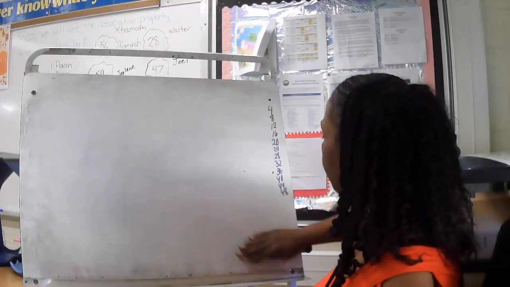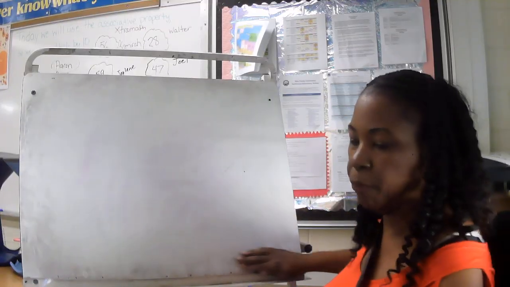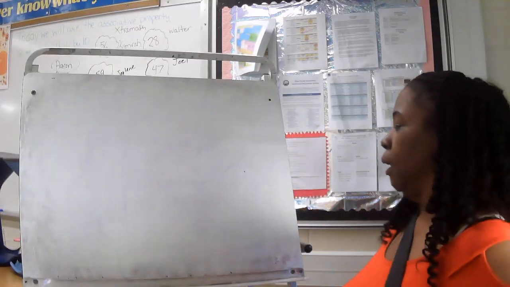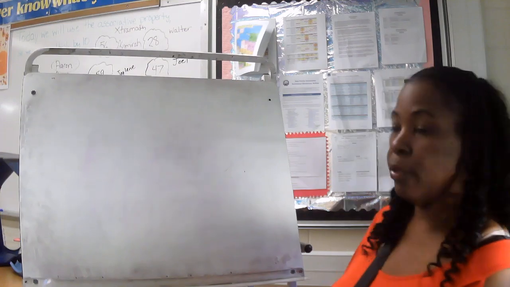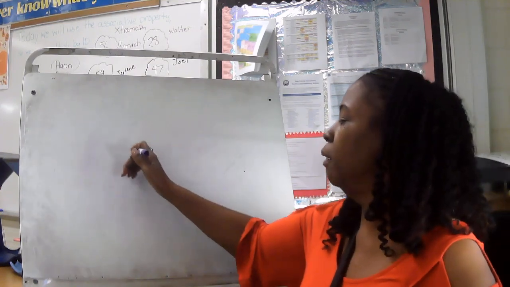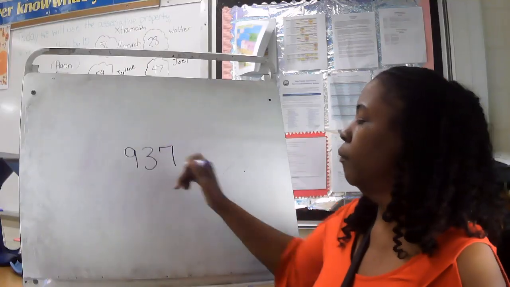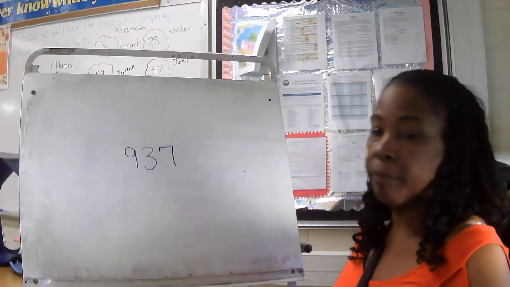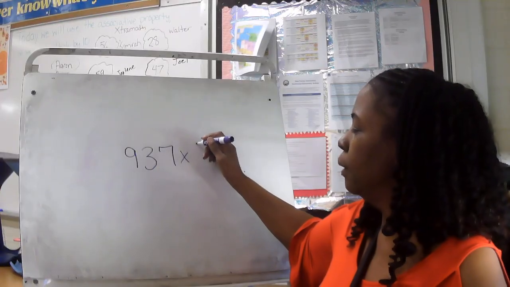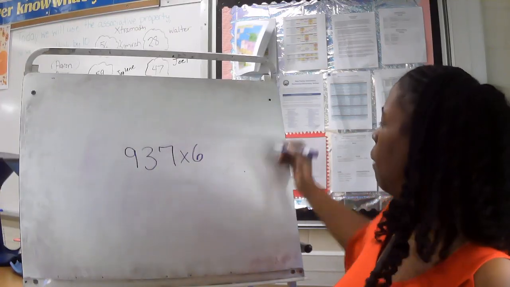Now we're going to move on from there, and I want to share another multiplication with some of the groups that I have been pulling, that we're going to be getting to in just a week or so. So we have, let's say, 937, and let's do times 6. Okay, so I'm going to write my multiples of 6.